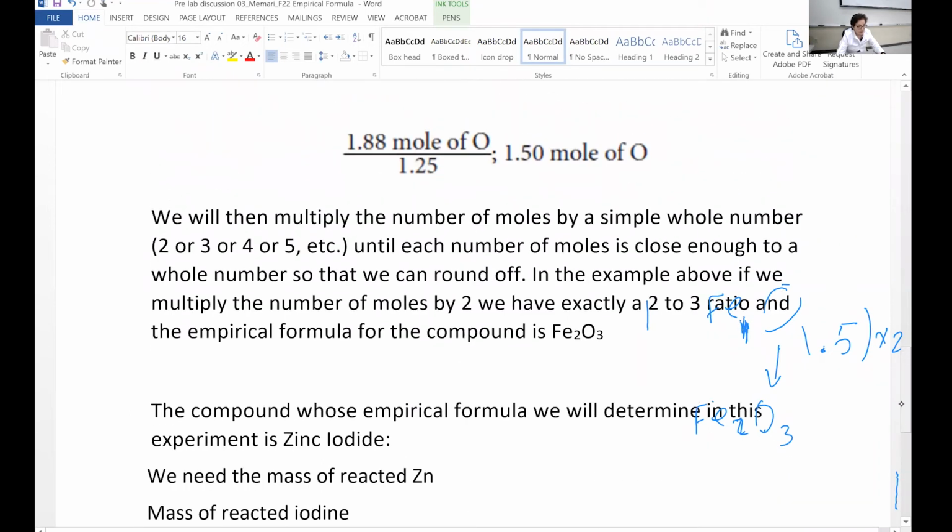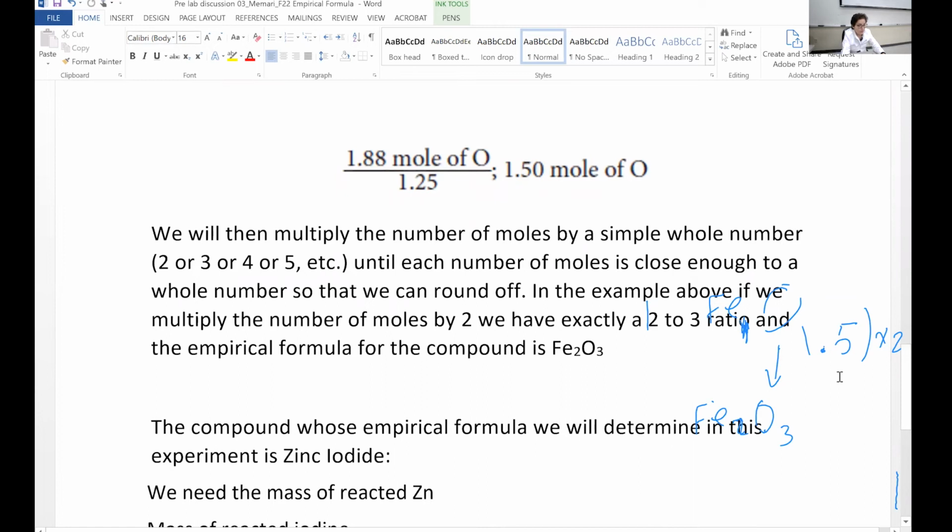Now, if the ratio is not 1 to 1.5, let's say you have a ratio of 1 to 1.33, then you multiply both numbers by 3 to get whole numbers. That would be 3 and then 4.